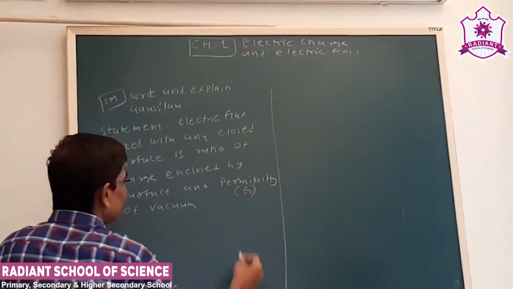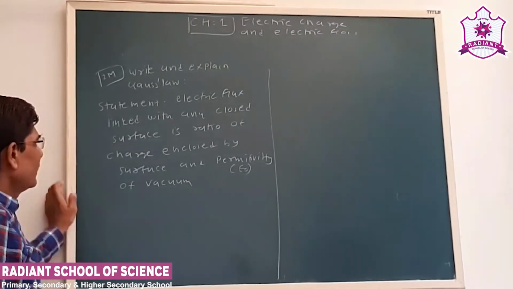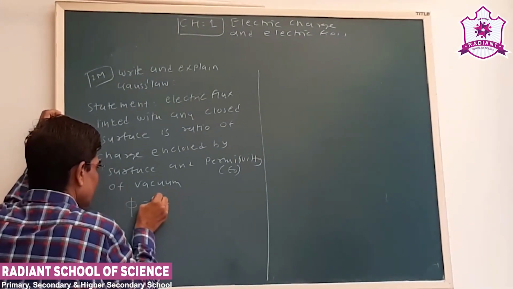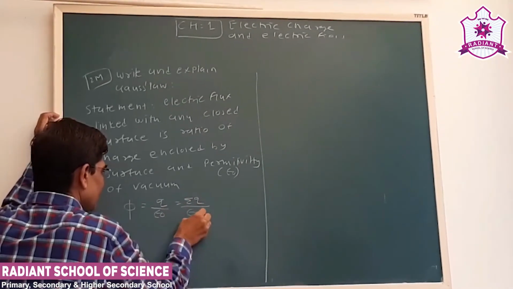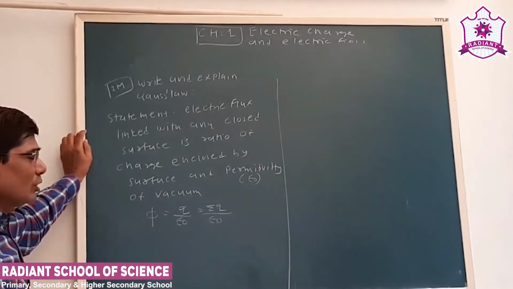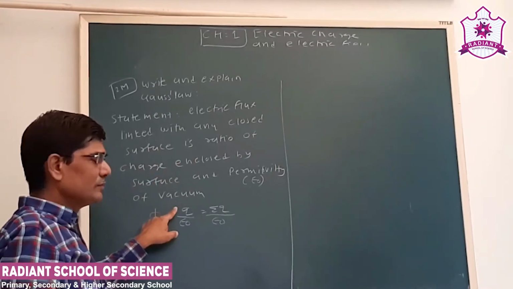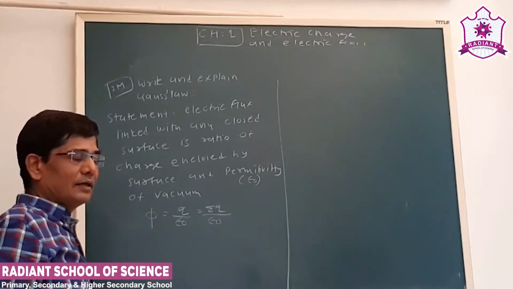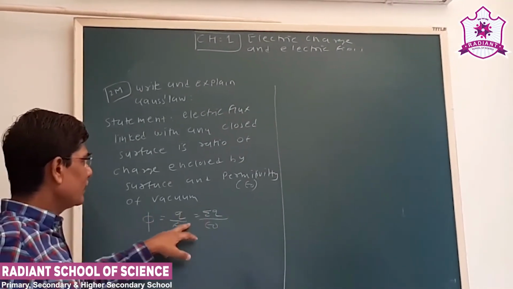Now we know the permittivity of vacuum we call epsilon 0. So in the form of an equation, flux is nothing but Q upon epsilon 0, or we can write sigma Q upon epsilon 0. So we can represent the Gauss law in the form of an equation, given by the ratio of the charge Q, or sigma Q, the charge enclosed by the surface, and the permittivity.